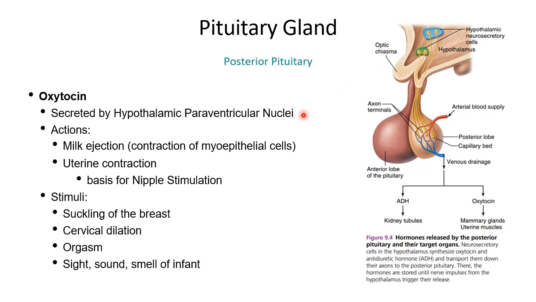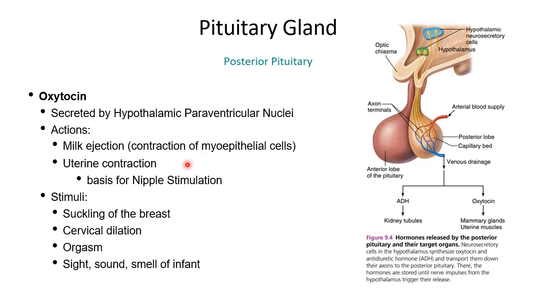The neurons of the paraventricular nucleus synthesize oxytocin. After synthesizing the oxytocin in the soma, the oxytocin travels along the axon where it is secreted and stored here in the posterior pituitary gland. What are the actions of oxytocin?